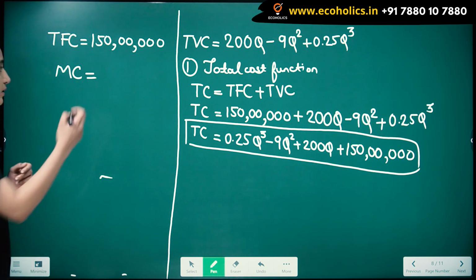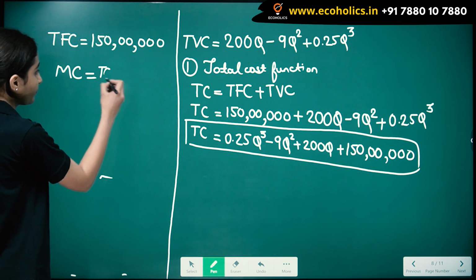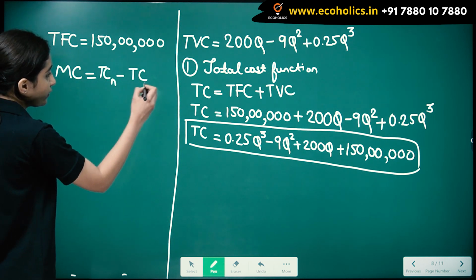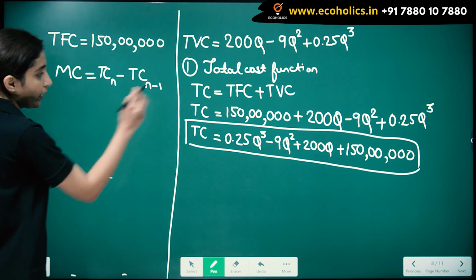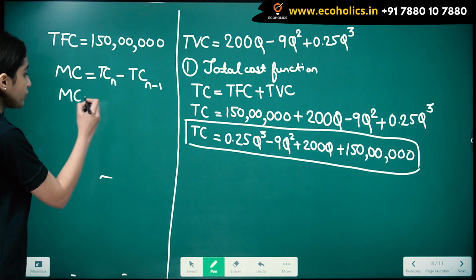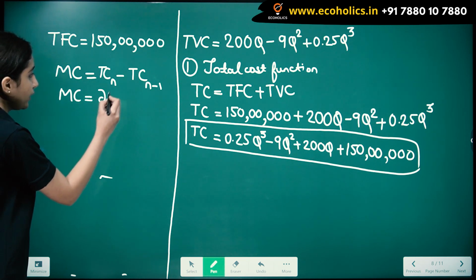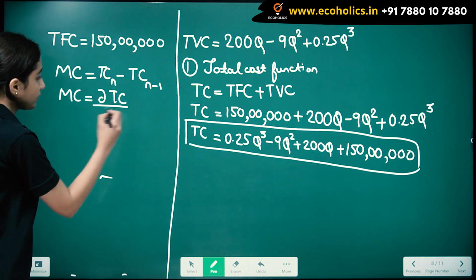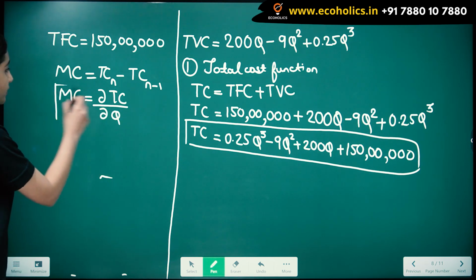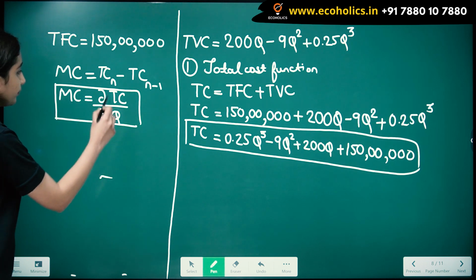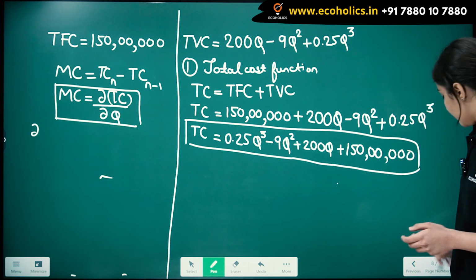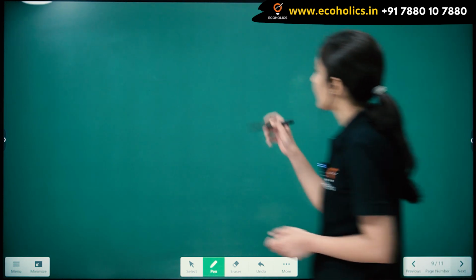So marginal cost is given as total cost of n units minus total cost of n minus 1 units. Or we can also write this as marginal cost is equal to the derivative of total cost. So now we'll calculate the marginal cost function.